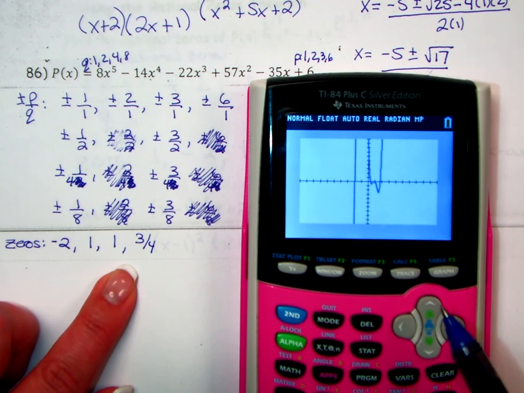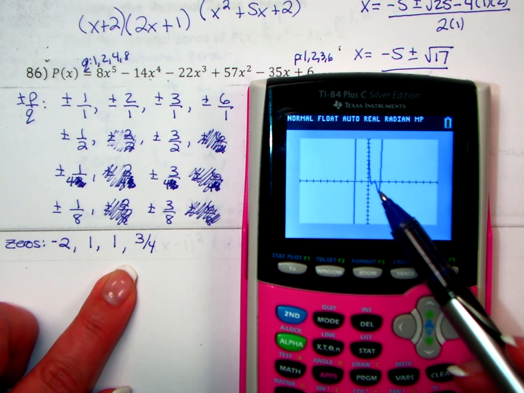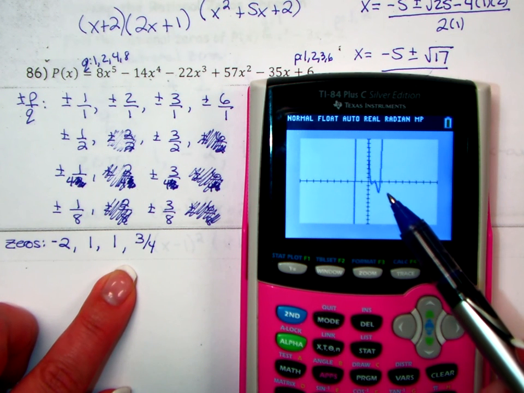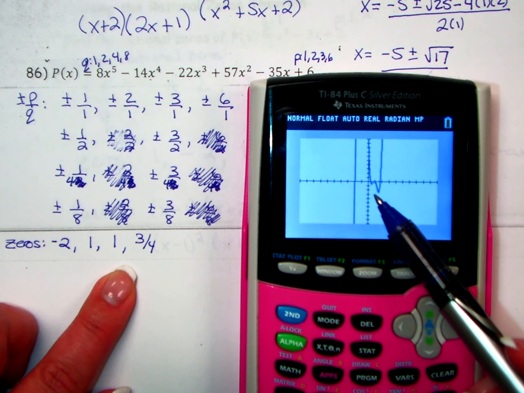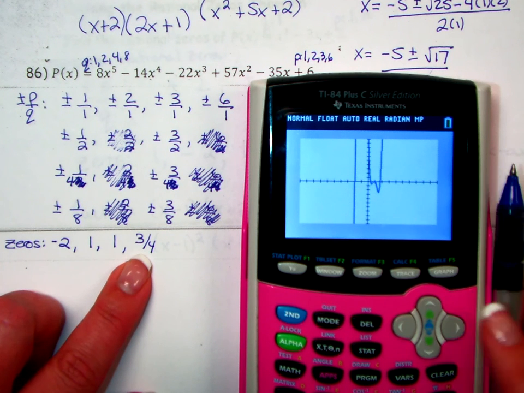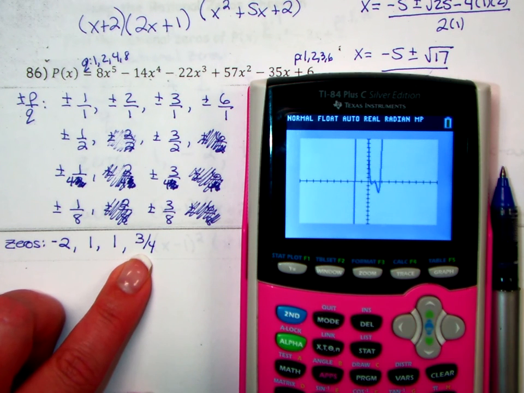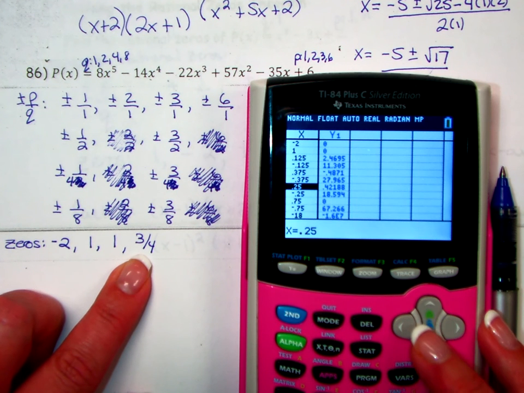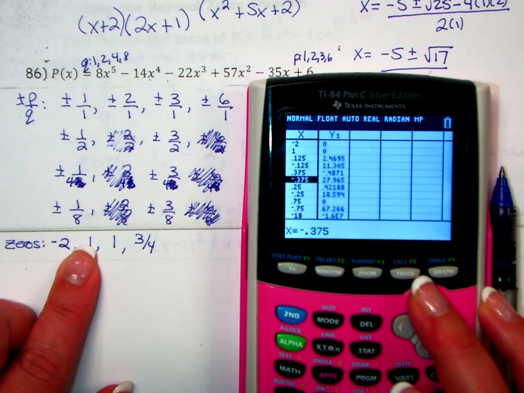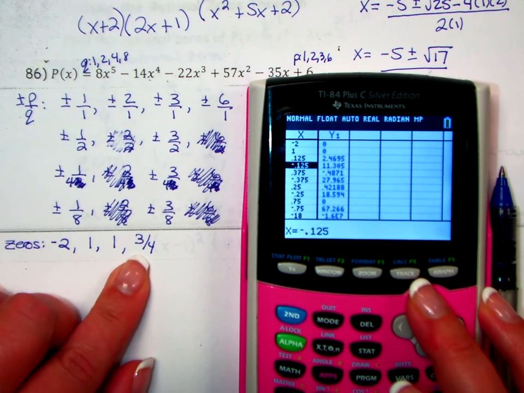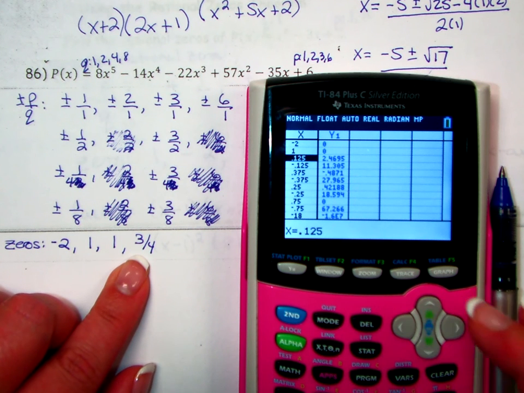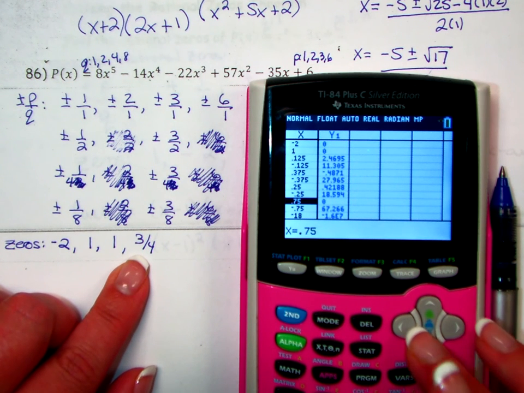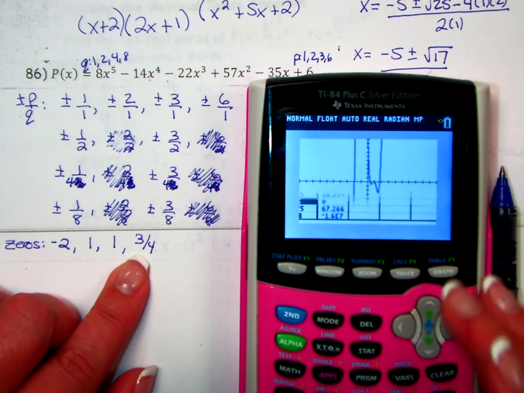I need 5. 2, 3, 4, 5. One of those fractions should have worked. 3/4, right? So let me look at the graph again.